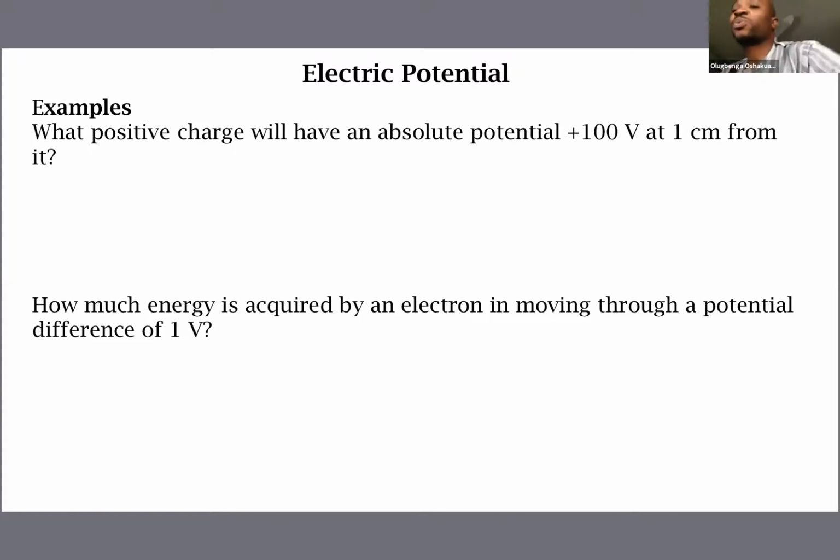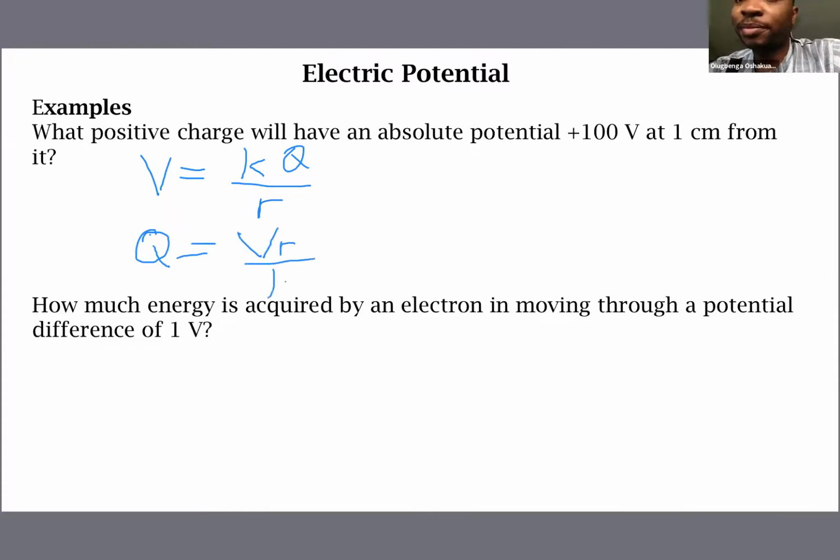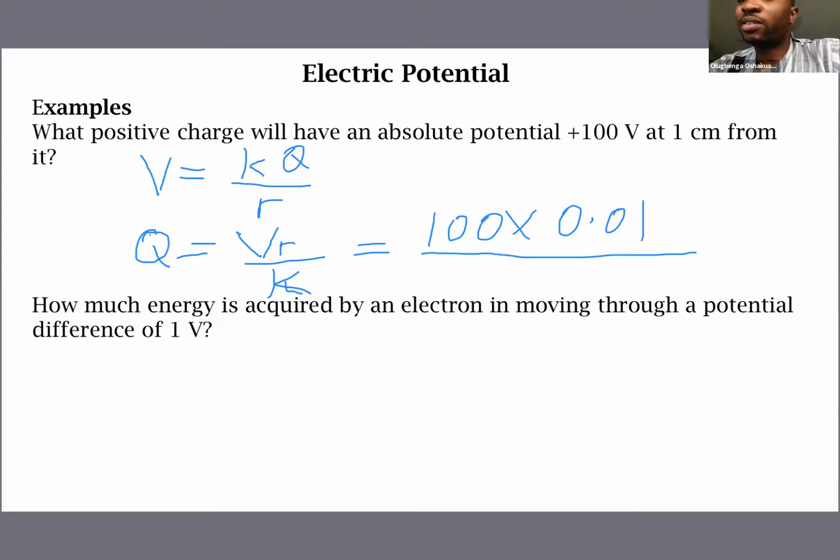From the previous examples, we can say that the potential V is equal to KQ divided by R. Then we can make Q the subject of the formula to have Q equal to VR divided by K. Our V is 100, our R is 0.01 meter, and K is 9 times 10 raised to power 9. So whatsoever you get here, in Coulomb.